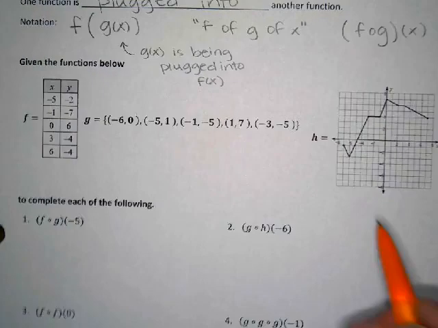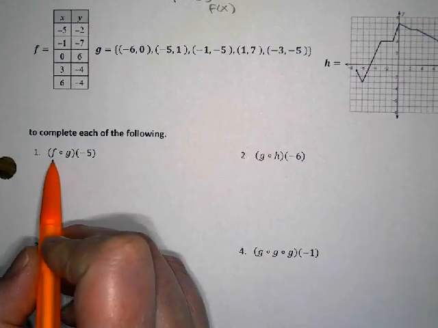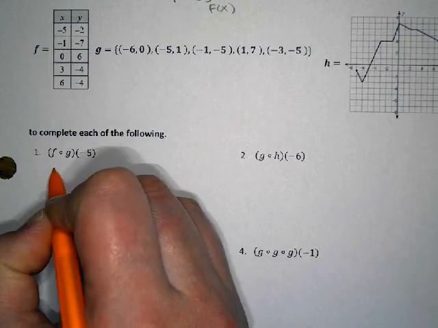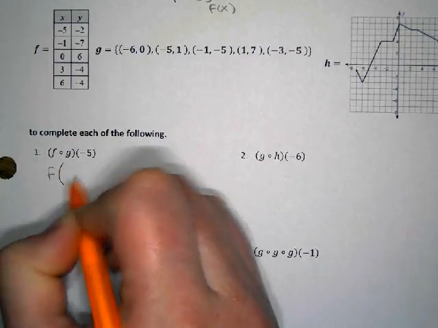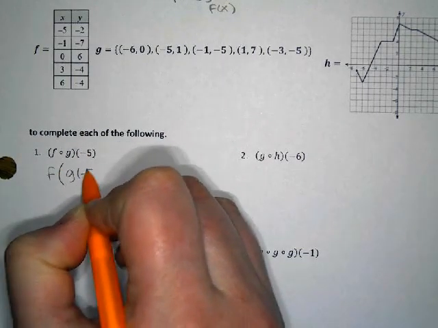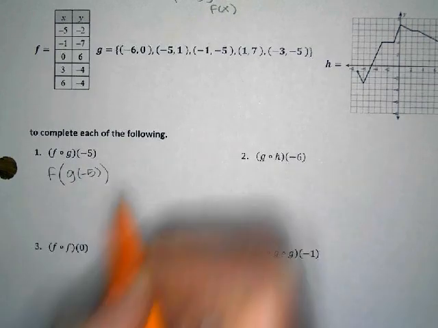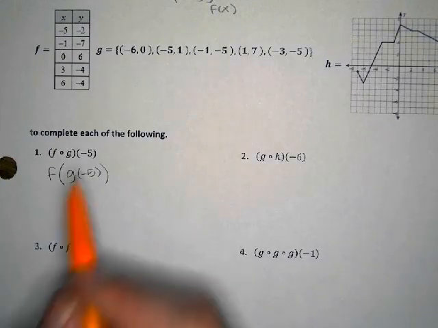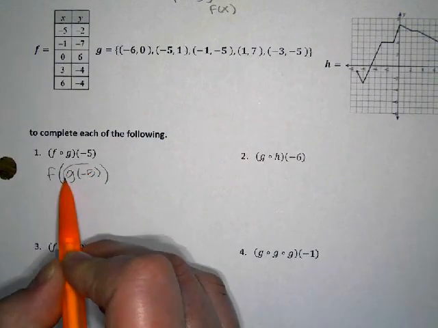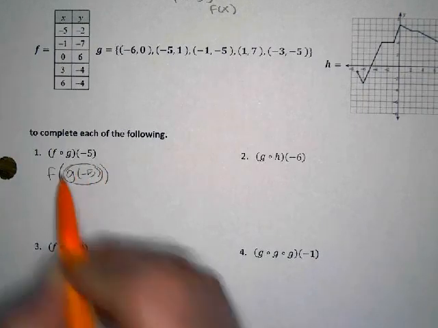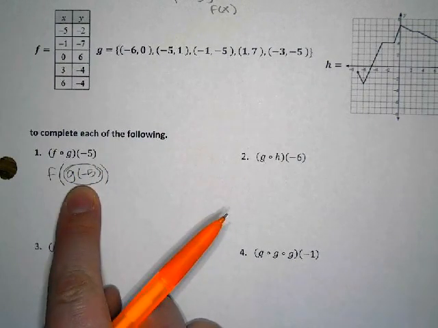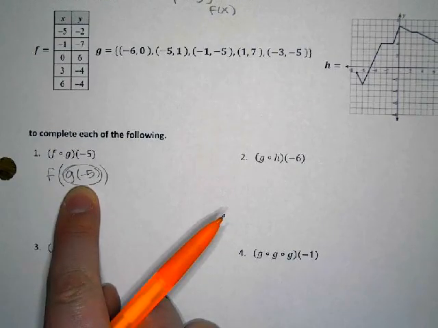So if it says fog of -5, or f of g of -5, order of operations tells us that we do the inside of the parentheses first. So we have to look at the inside function first. So we're going to figure out what g of -5 is.